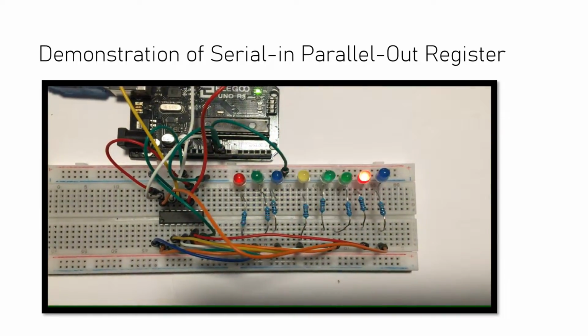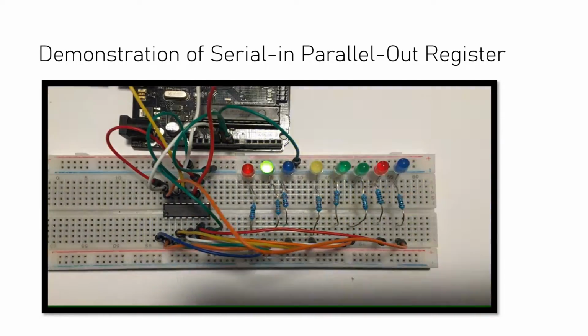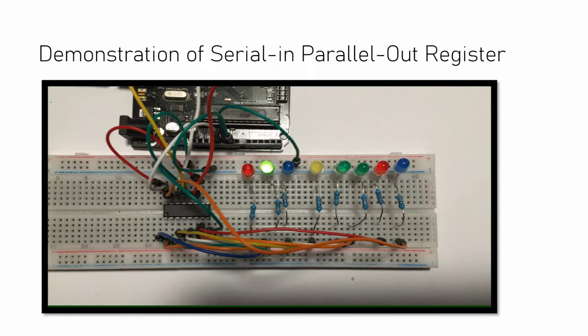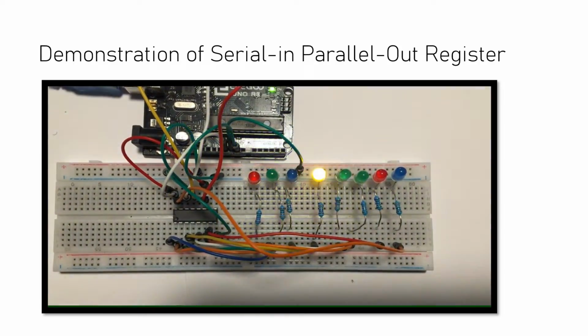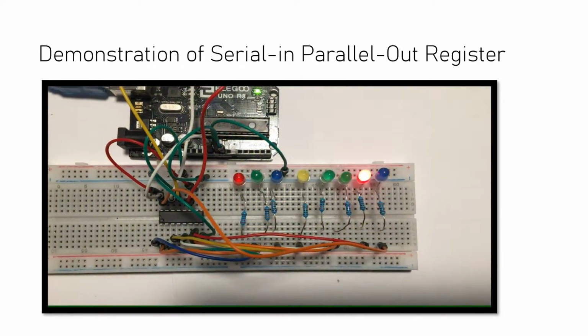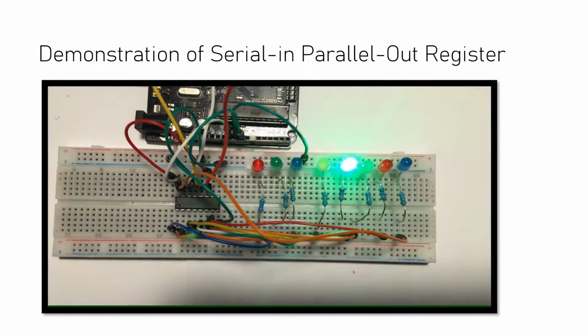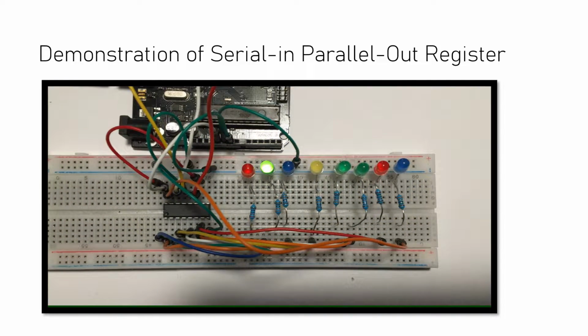Okay guys, so this is a demonstration of the serial in parallel out register. We use a microcontroller which allows the data to move within the register. We use 3 pins: a serial in, which is a data pin, the clock pin, and then the storage pin.